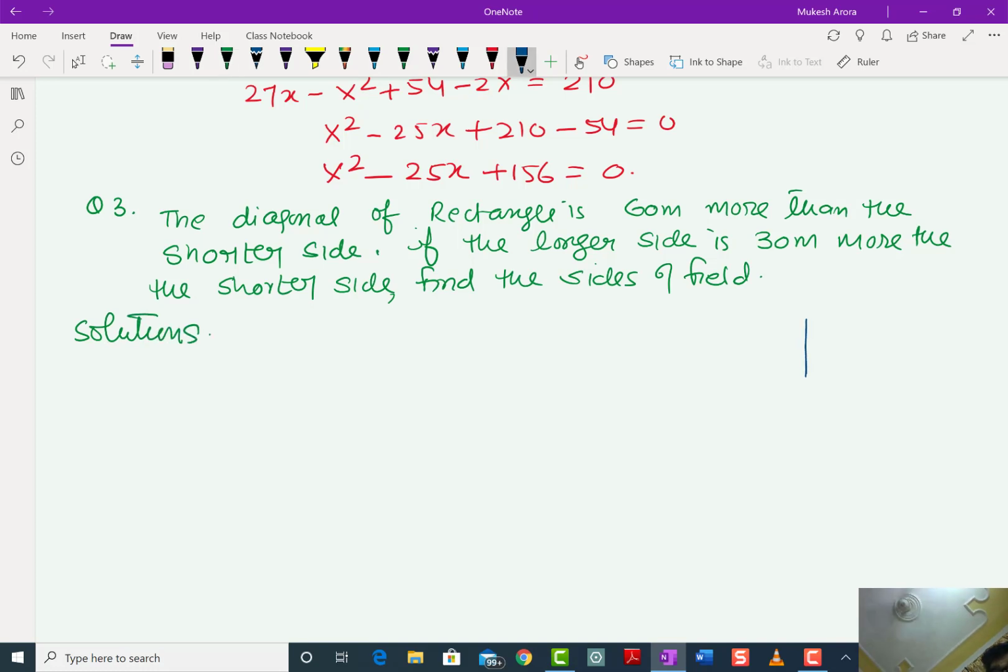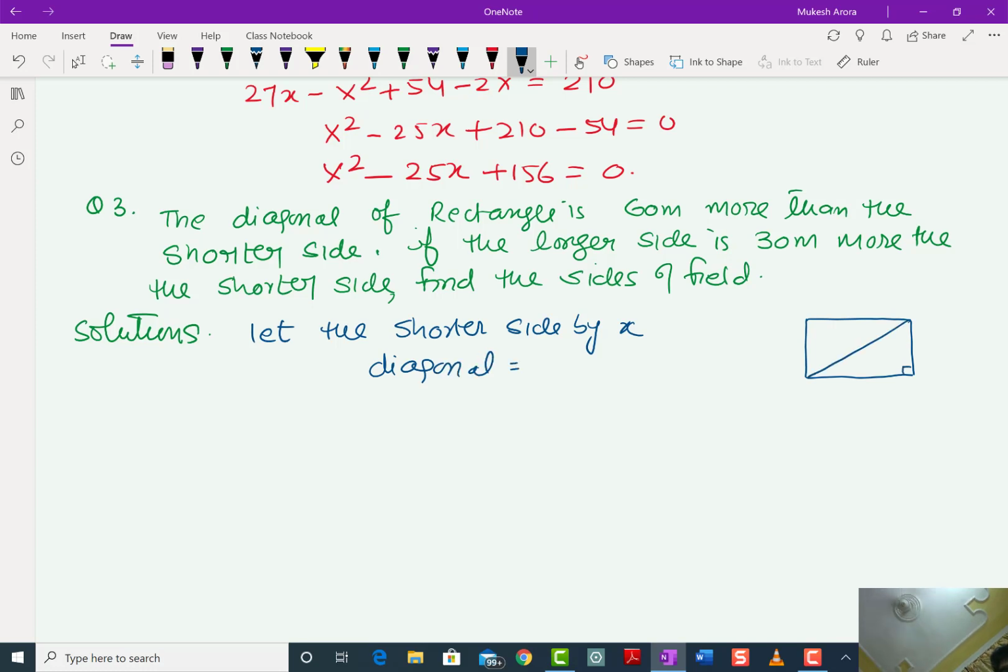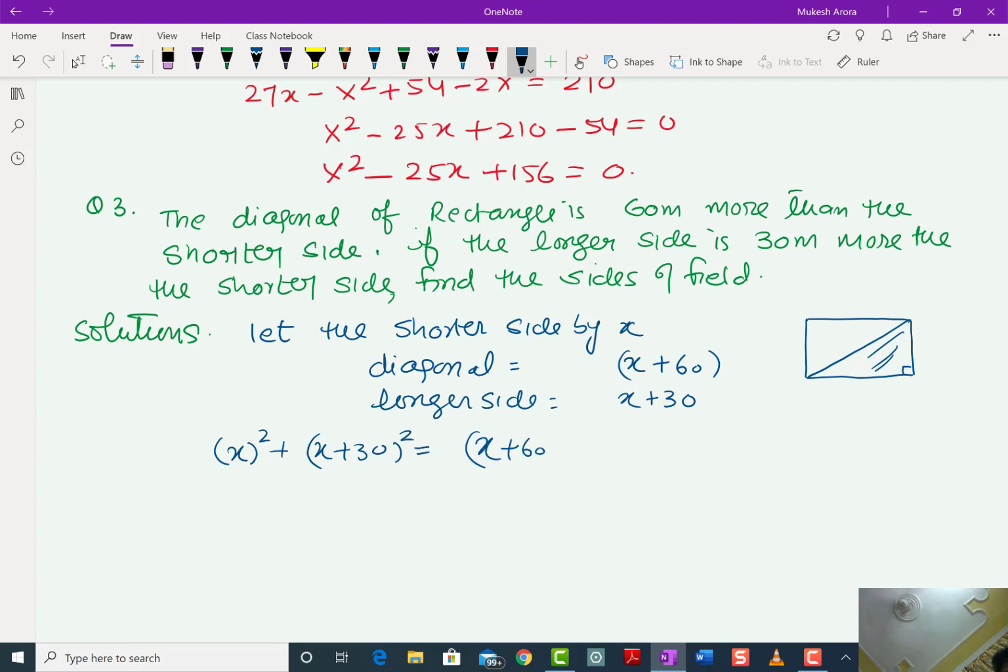So whenever you have a geometrical figure, draw the figure first. Let the shorter side be x and the diagonal will be 60 more, x plus 60, and the longer side is x plus 30. So this is a right angle triangle. That means x square plus x plus 30 whole square is equal to x plus 60 whole square.